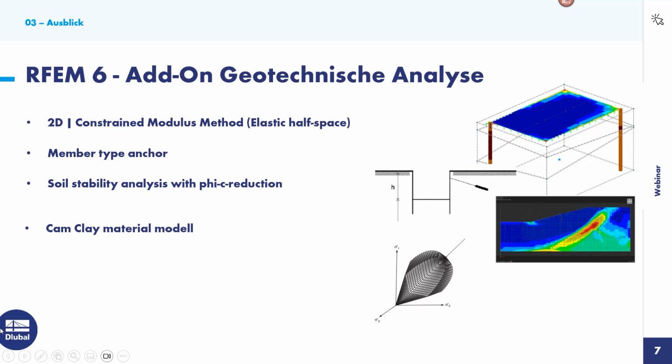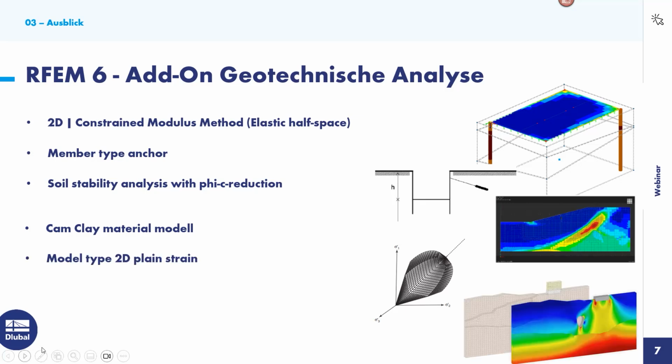And then we will have also the model type 2D plane strain. So these are the projects we are working on mainly for the geotechnical analysis add-on, and I placed them here in the right row. The 2D constraint modulus method or elastic half space method and the member type anchor are the next steps, and the others will follow.